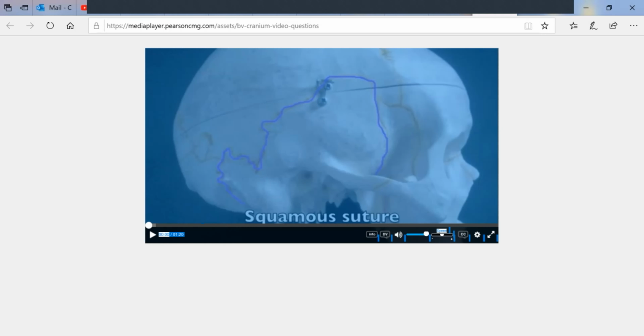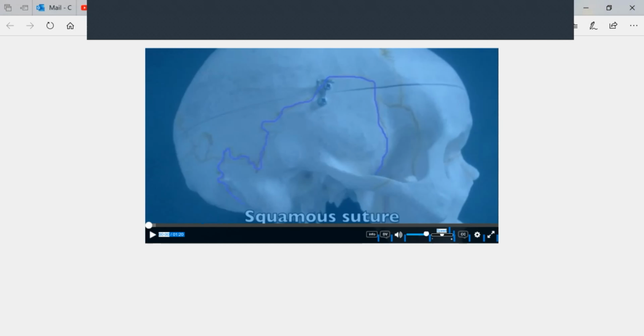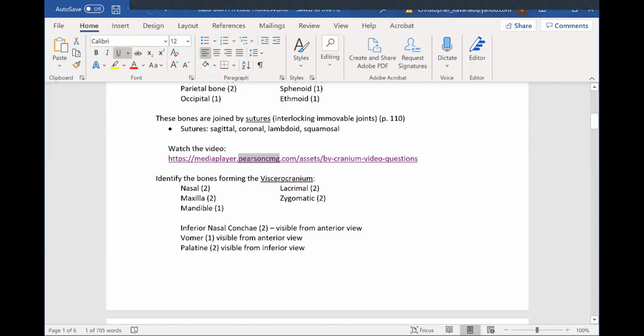All right. Okay, I'll go back to the homework. Okay, all right. So again, you want to locate these bones. So we looked at the two little lacrimal bones, nasal bones.